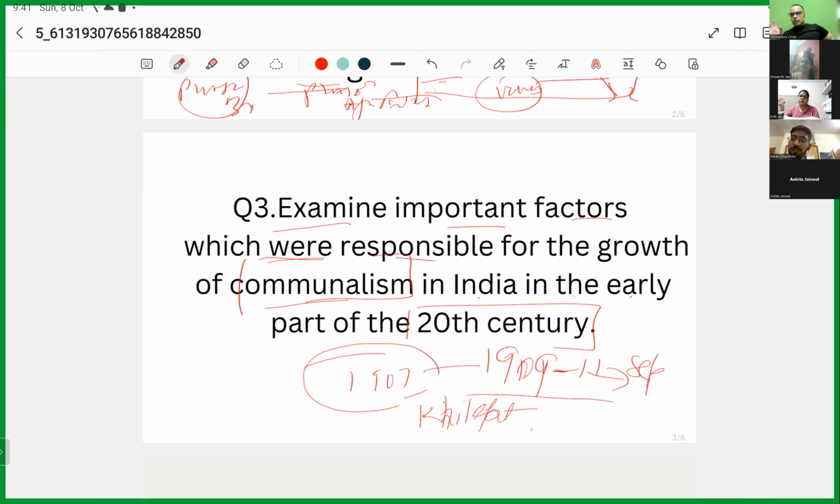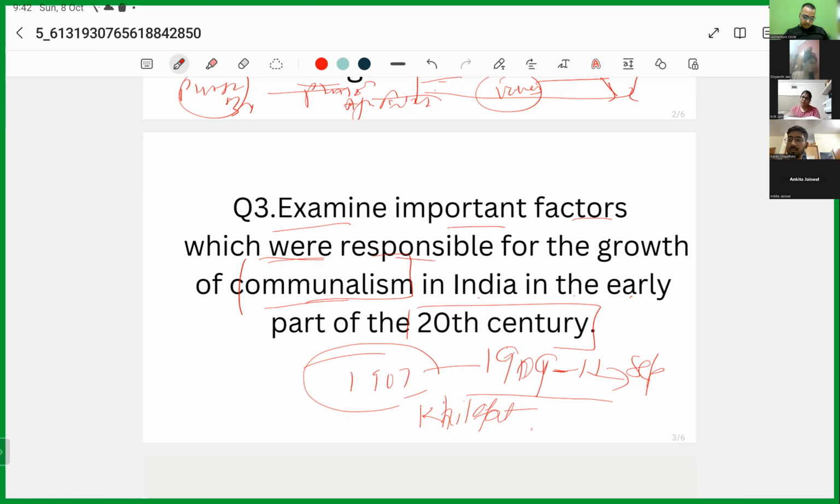You need not show any unity. If you are showing unity, it means there is a difference. Brother, there is a difference, that is why you are showing it, meaning the difference will remain there only. So the question is on the same lines: responsible for growth of communalism.